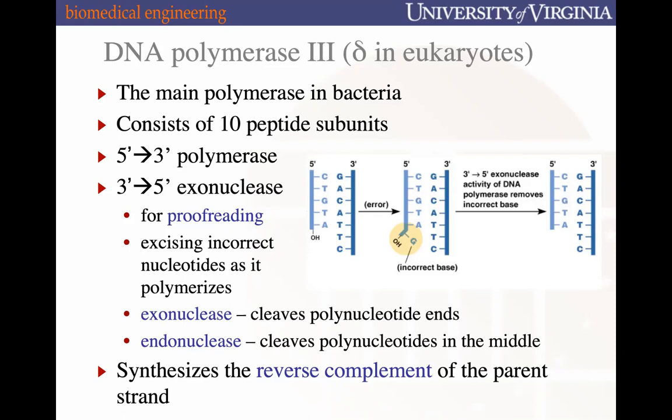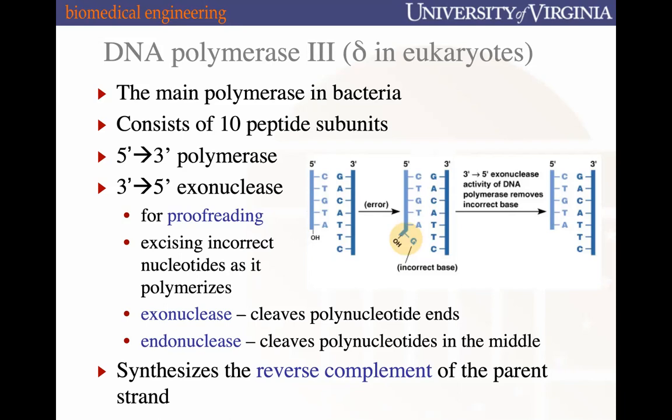I've spent a lot of time trying to repeat that it goes in the 5' to 3' direction. It can also move back in the 3' to 5' direction, but that's not for polymerization. That's for exonuclease activity. What that means is that it's trying to proofread the nucleotides to make sure that they're the matching pair.